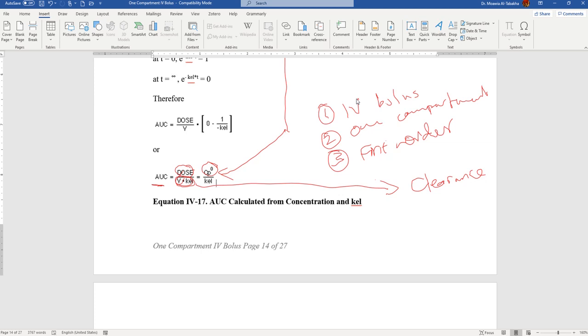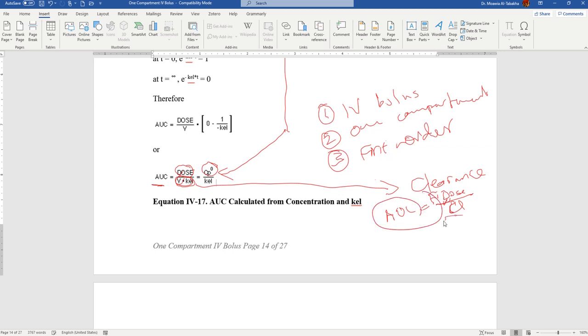So I can write this as AUC equals dose divided by the clearance. You also will find out that for any route of administration, not only IV, and for any number of compartments, you can use the following equation to calculate AUC.